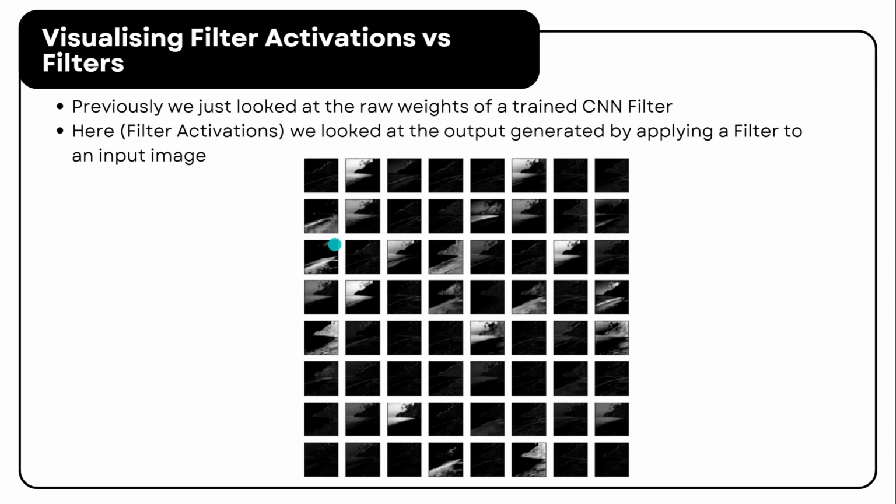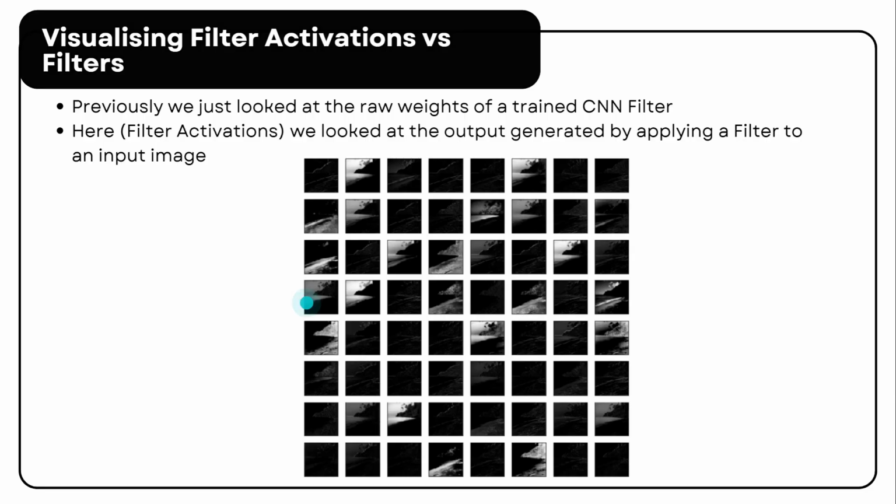To sum it up, filters show us what kind of patterns a layer is trying to detect. Filter activation shows us where and how strongly those patterns appear in a given image. This distinction is important as we move forward, so keep that in mind.